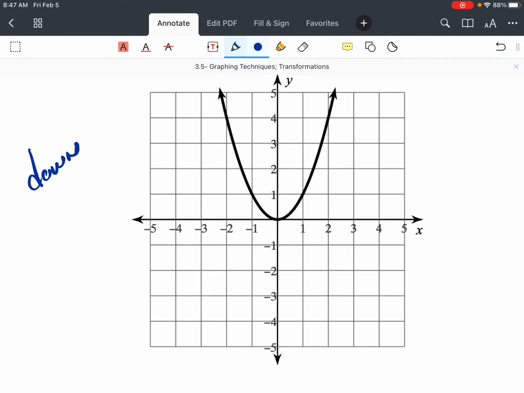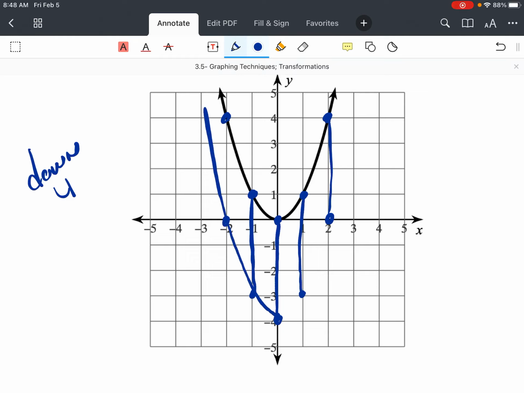So if I have my original function, I'm going to pick a few points, typically the ones in the middle, and shift each of those points down 4 units. I go down 4, put a dot, down 4, put a dot, down 4, put a dot, and we can keep doing this with each of our points until we have our overall shape.